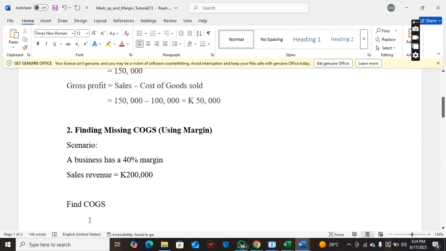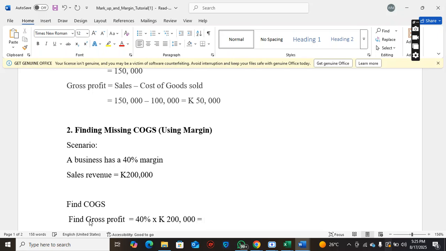Okay, so step one, you find your profit, find the gross profit. So that is going to be 40%, which is the margin, of the sales revenue, 200,000.